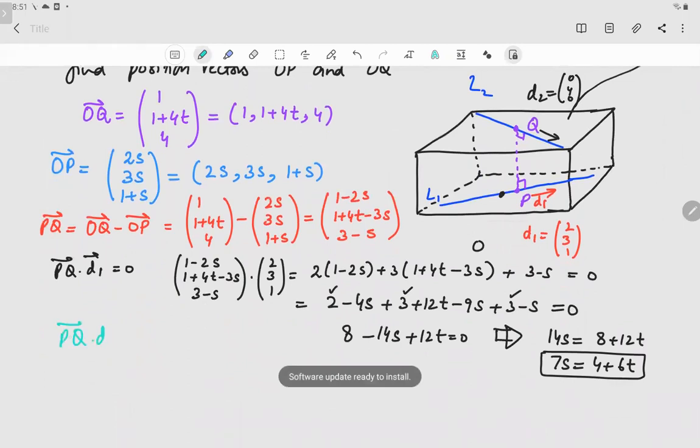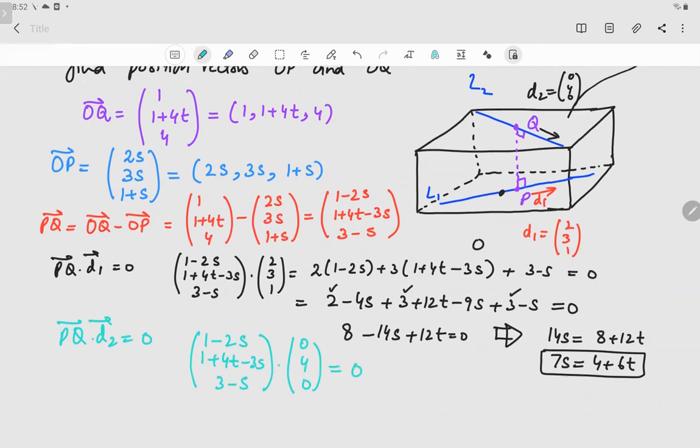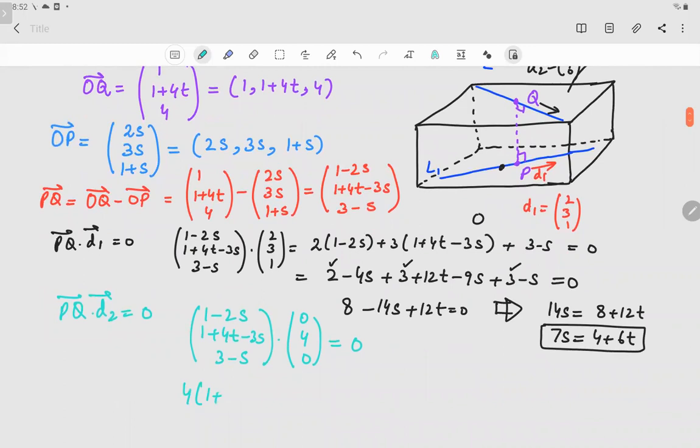PQ dot D2 is equal to 0: (1 minus 2S, 1 plus 4T minus 3S, 3 minus S) multiplied with D2, where D2 is (0, 4, 0), equated to 0. We obtain 1 plus 4T minus 3S is equal to 0 over 4. It becomes 4T minus 3S is equal to minus 1.